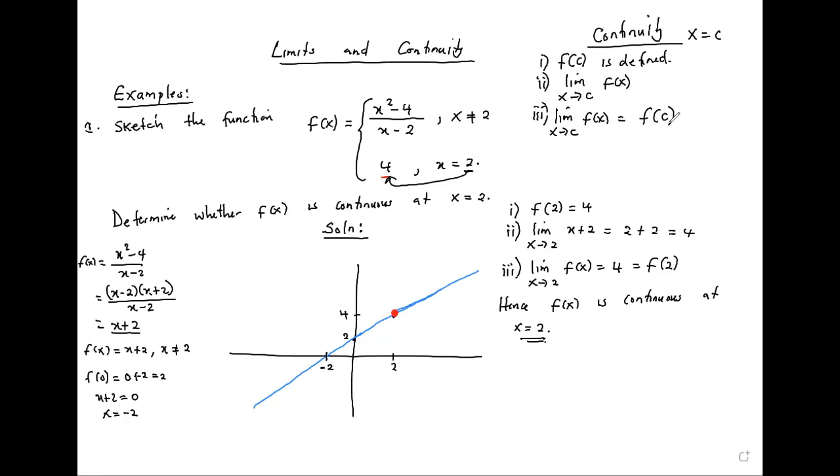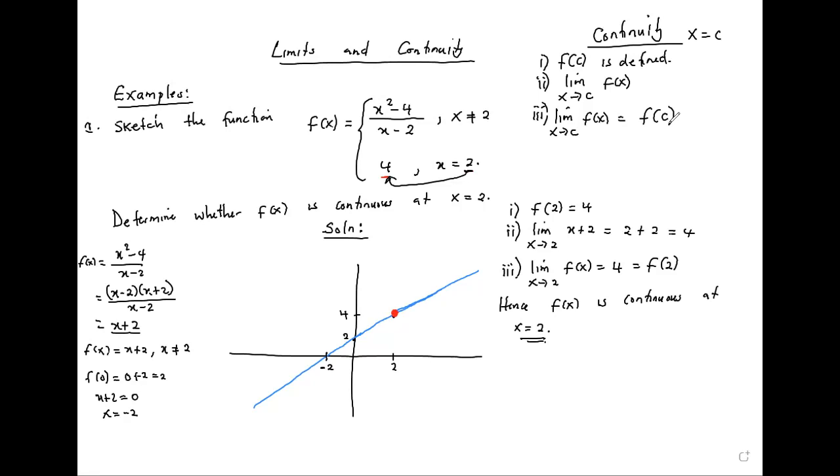Now, in our case here, we get the value c, which is 2. What is f of 2? The function says it is 4 when x is 2. So f of 2 is 4. Next thing, the limit as x goes to 2 of x plus 2 is equal to, so why have we gotten x plus 2?